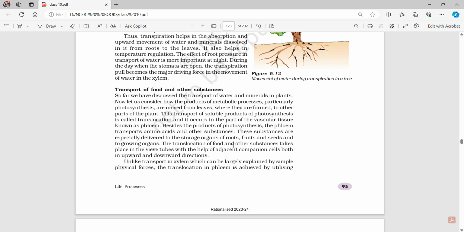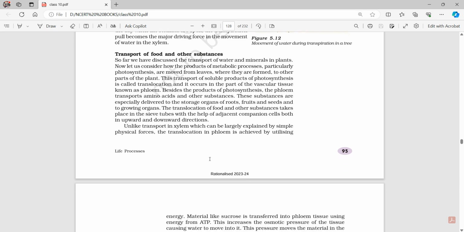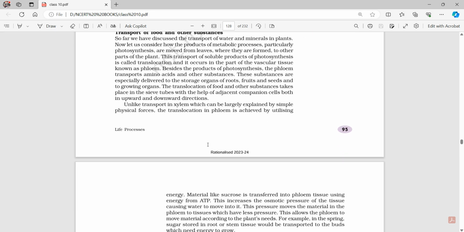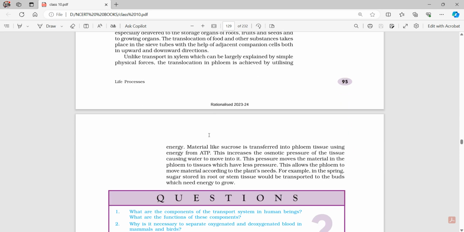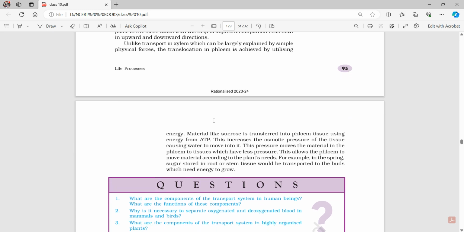The translocation of food and other substances takes place in sieve tubes with the help of adjacent companion cells both in upward and downward directions. Unlike transport in xylem, which can be largely explained by simple physical forces, the translocation in phloem is achieved by utilizing energy. Material like sucrose is transferred into phloem tissue using energy from ATP.